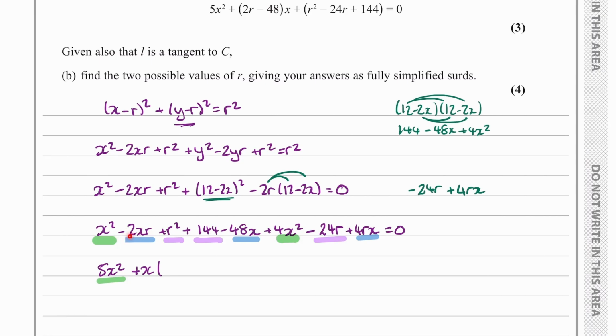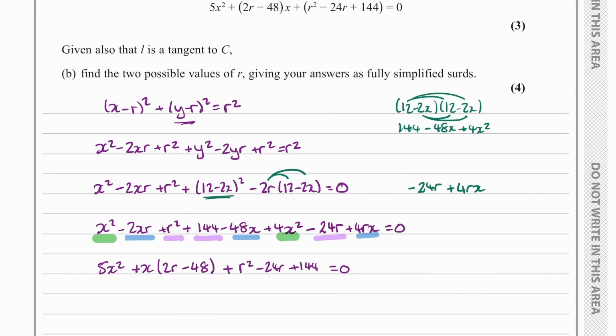We'll have a negative 2rx plus the 4rx, which gives us 2r, and then this negative 48. And for our constant terms, we've got the r squared minus the 24r plus the 144. And this will equal 0. This is what we were asked to show here.